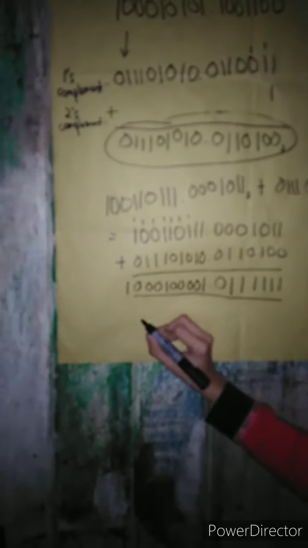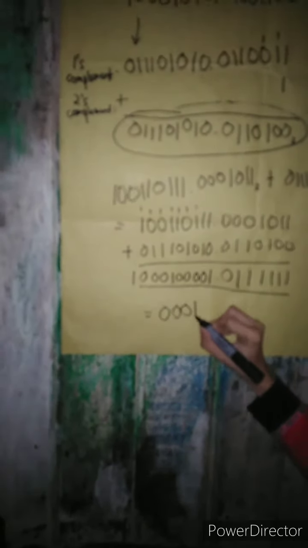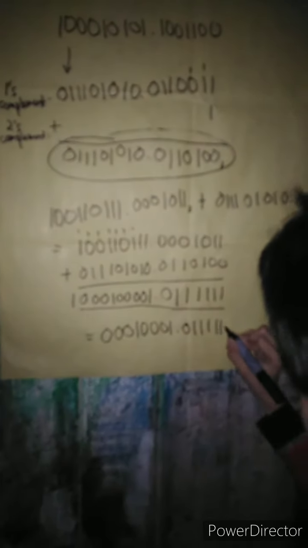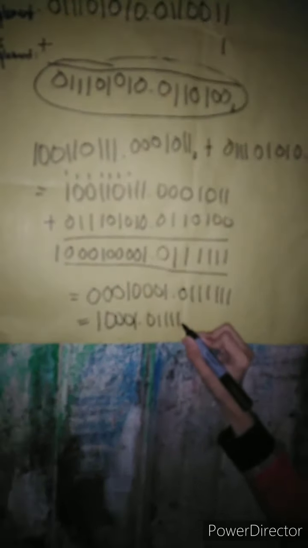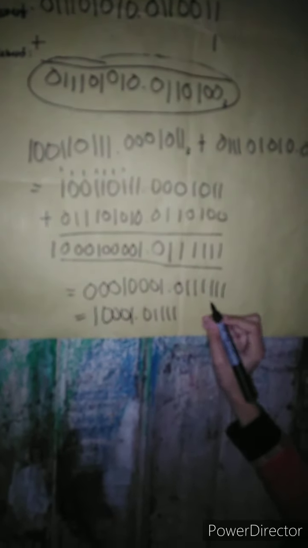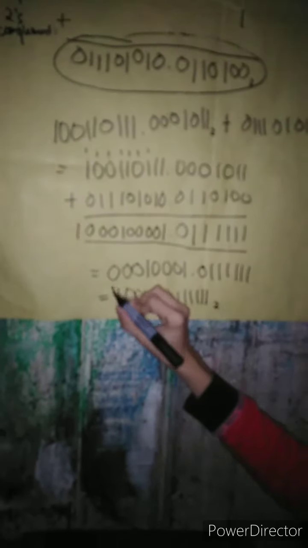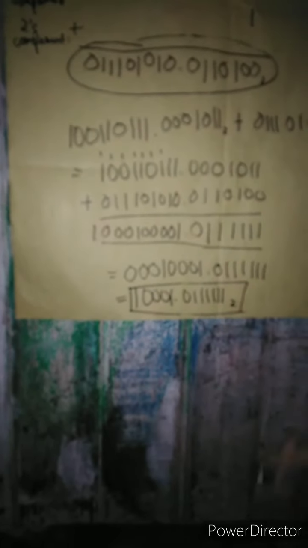So we will have 0.001111111, or by using the rules of significant digits, I think we can safely draft this. So we will have 10001.0111111. How many ones? This one. Okay, this is our final answer.